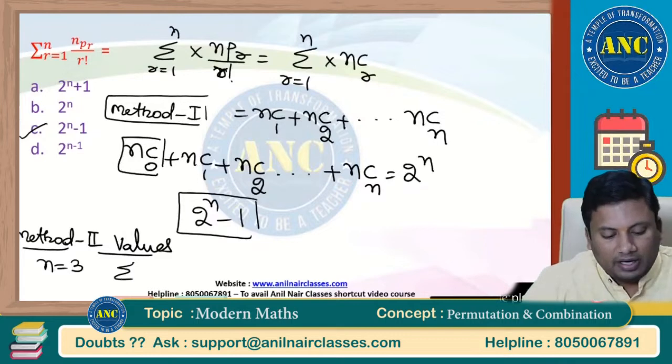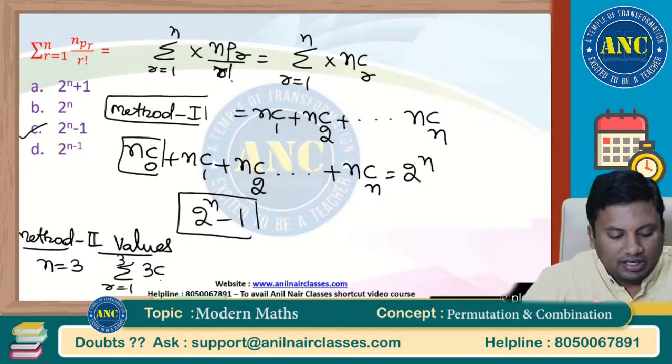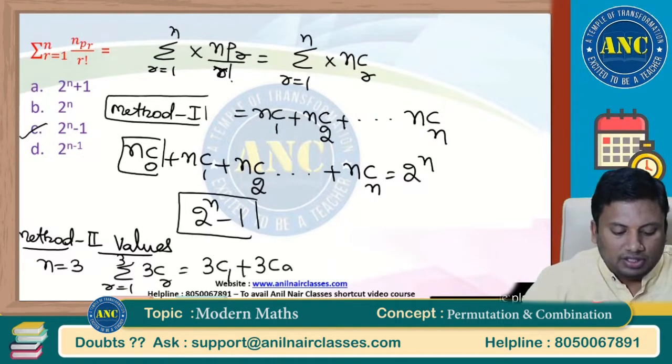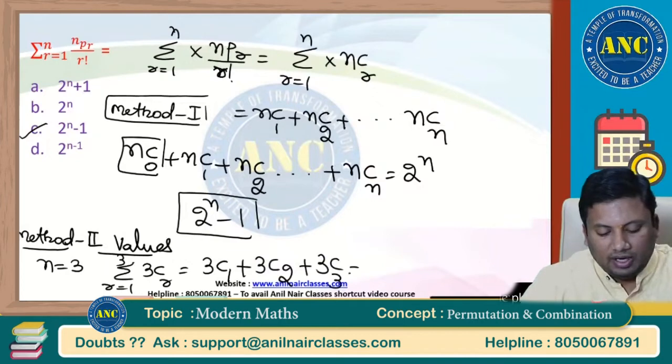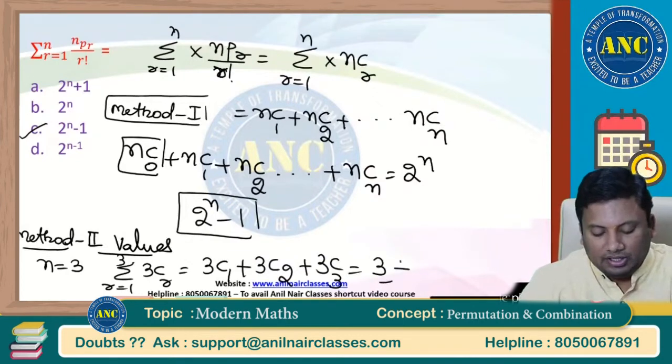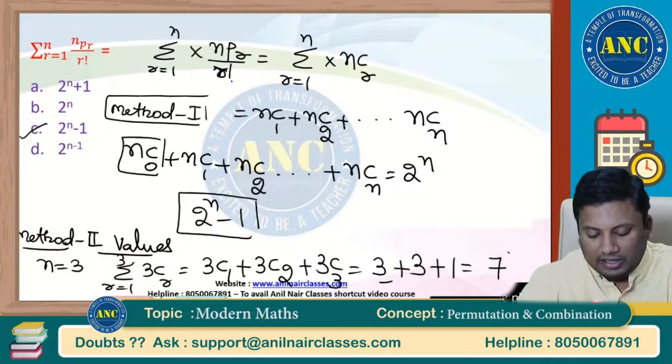Then the question becomes the sum over r equivalent to 1 to 3 of 3Cr, which is 3C1 plus 3C2 plus 3C3. 3C1 is 3, 3C2 is 3, 3C3 is 1. The answer is 7.